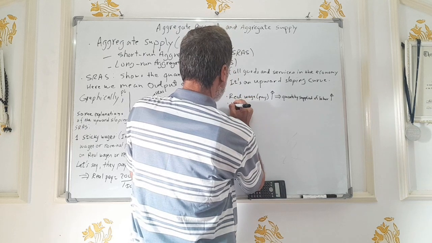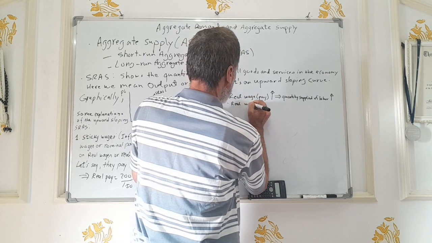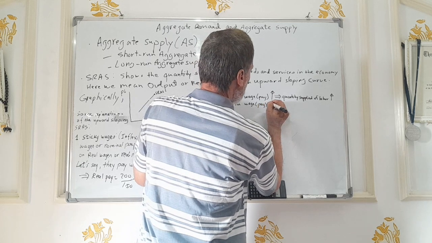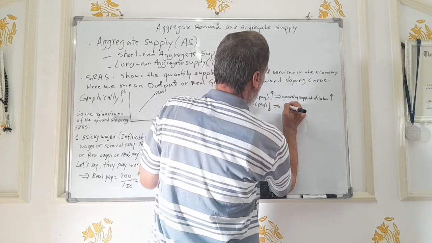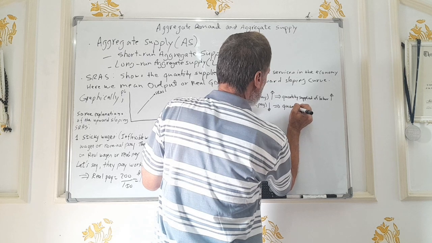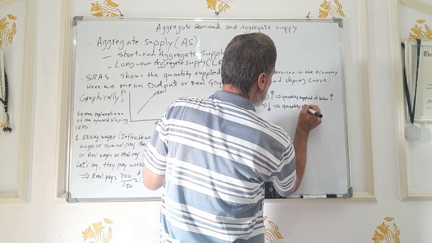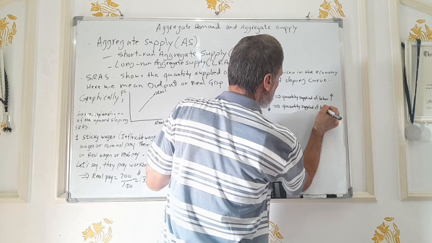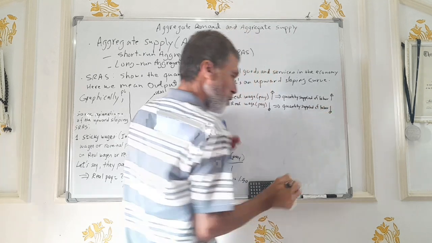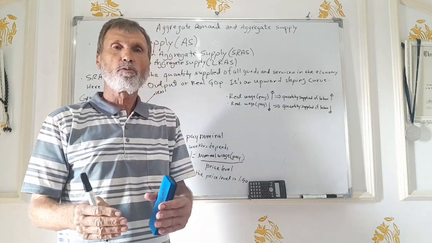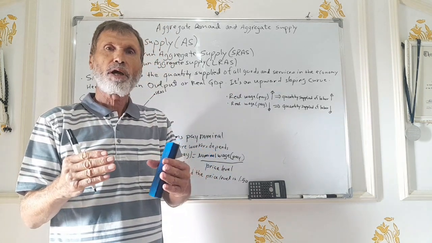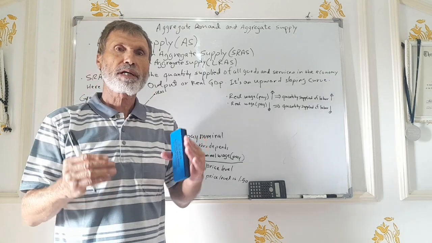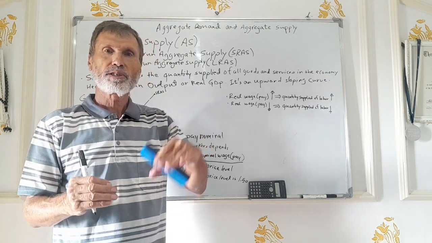When real wage or pay decreases, that means quantity supplied of labor decreases. So workers are willing to work more hours when real wages are going up, and workers are willing to work fewer hours when real wages are going down.